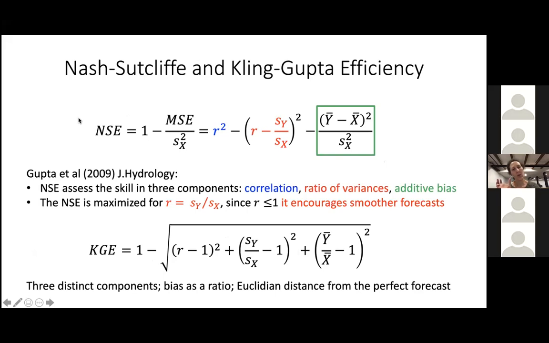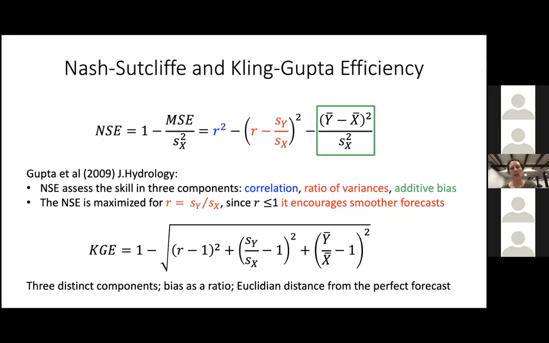He takes the decomposition of the mean squared error and plugs it into that formula, and shows that the NSE can be decomposed into 3 different components. One pertains to the correlation, one pertains to the ratio of variances, but still the correlation is present in this component, and one pertains to the bias. But here you still have the presence of the observation variance.